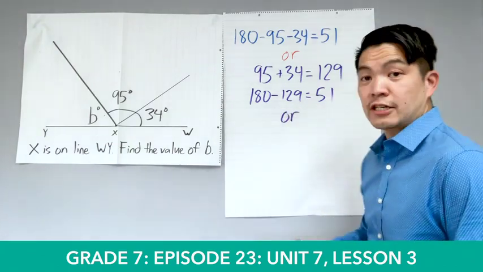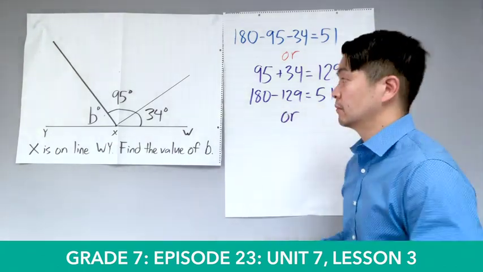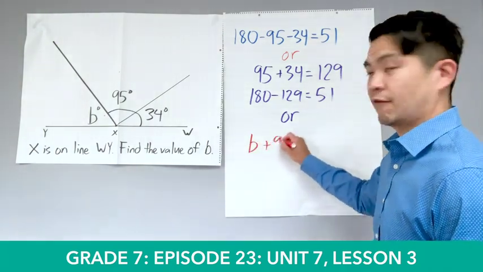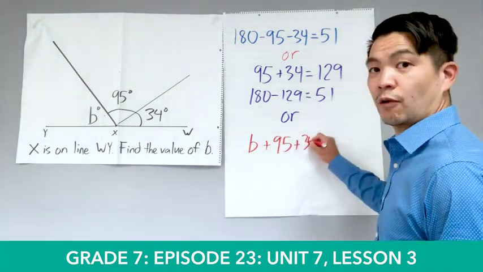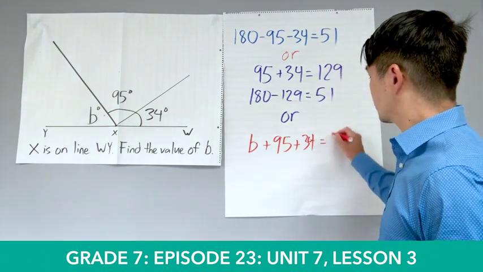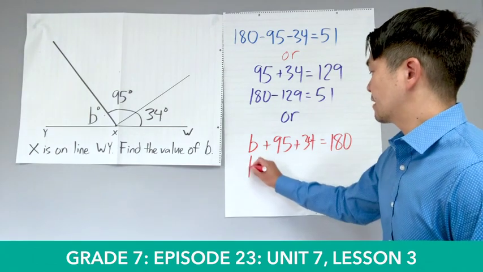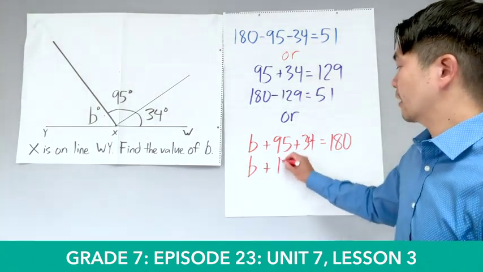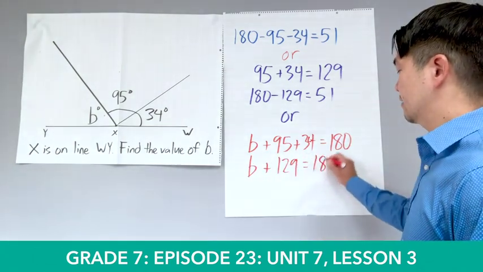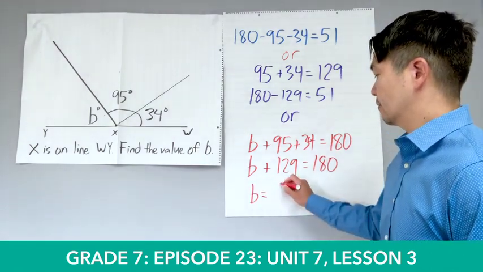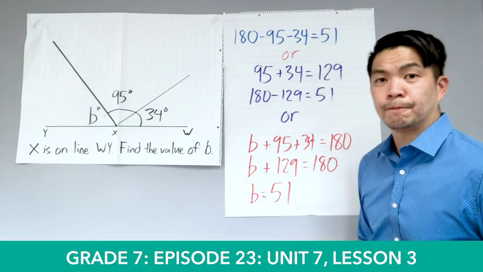And yet another strategy is to write an equation. So we could write the equation b plus 95 plus 34 is equal to 180. This simplifies to b plus 129 equals 180. And then again simplifies to b equals 51.